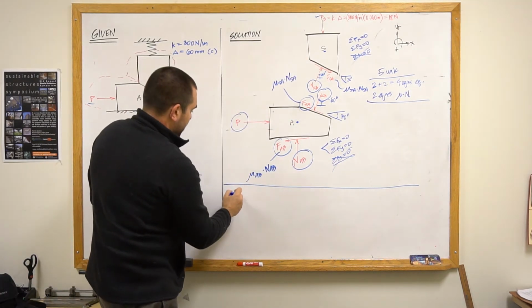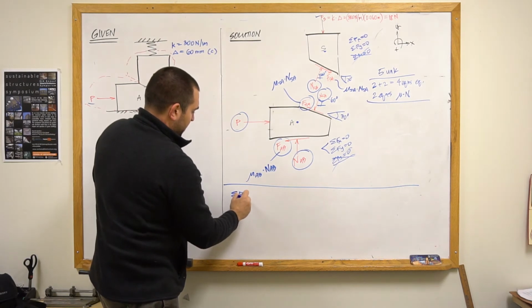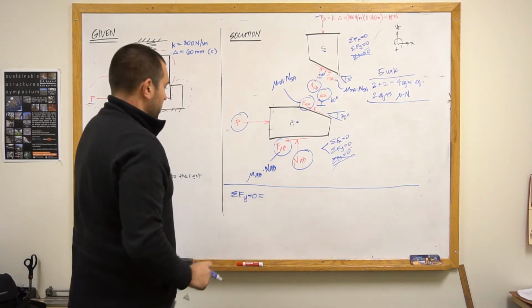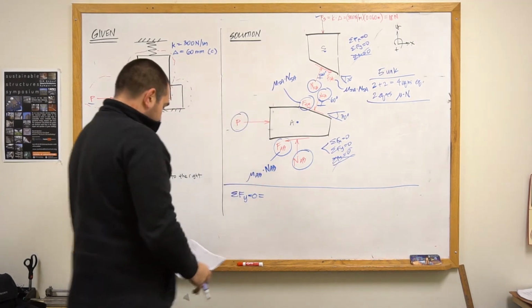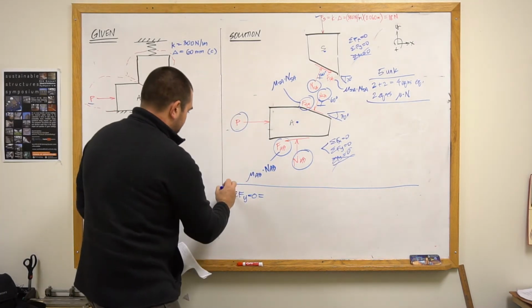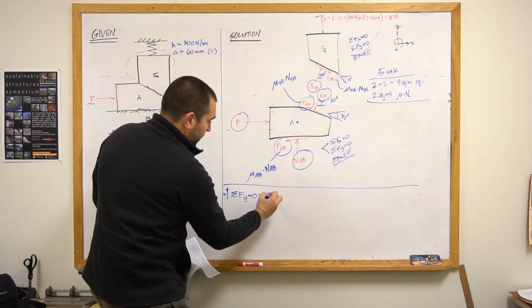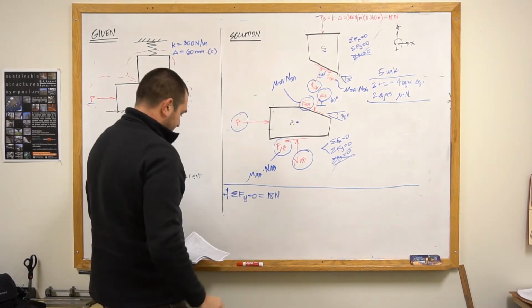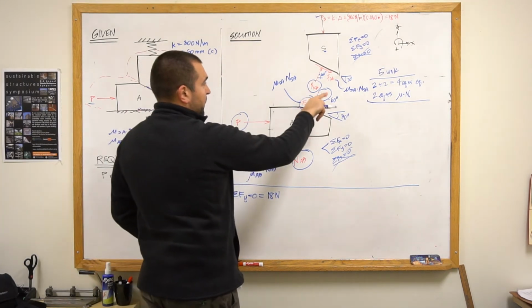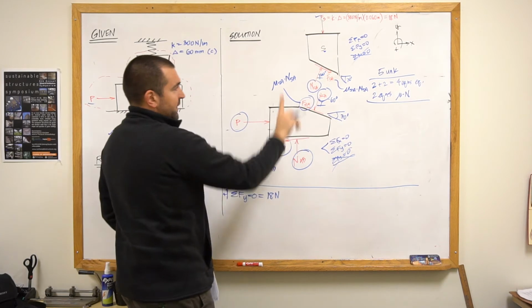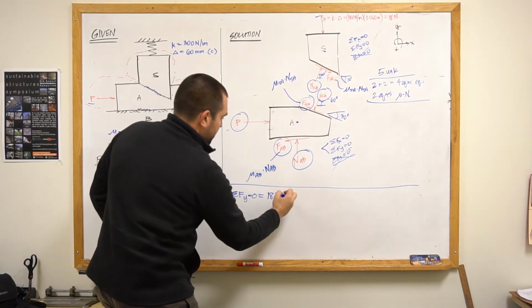And so I'm going to sum the forces in the y direction equal to 0 with my top free body diagram, and that's going to give me 18 newtons going down. That's going to give me NSA times the sine of 60 degrees going up.